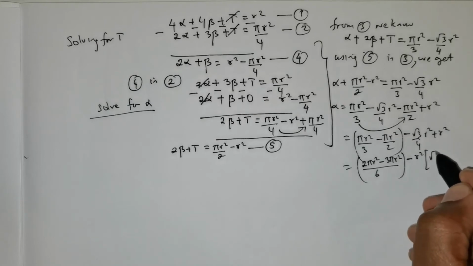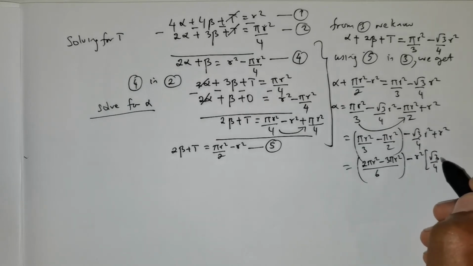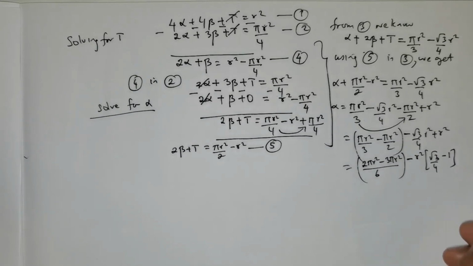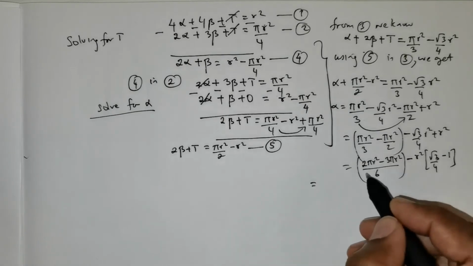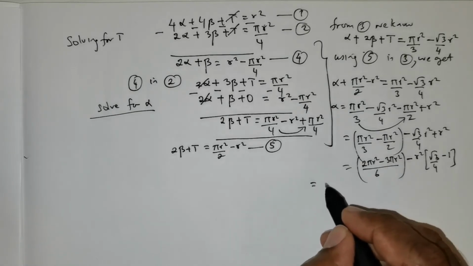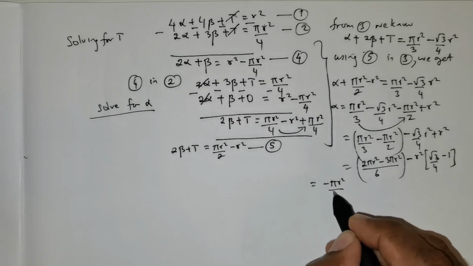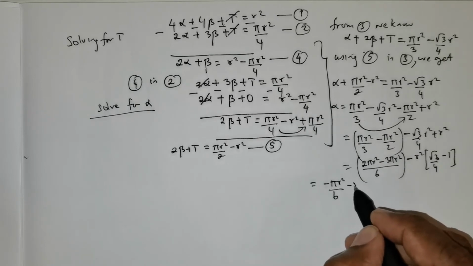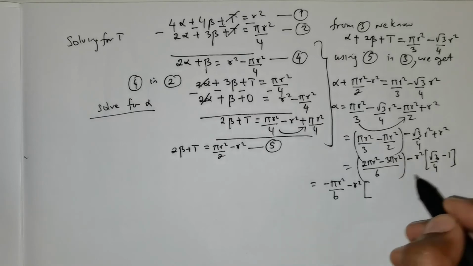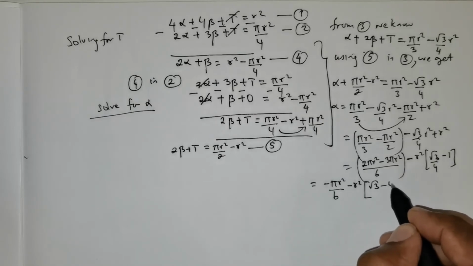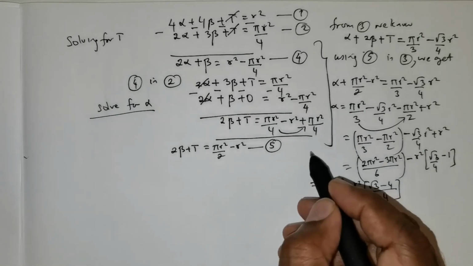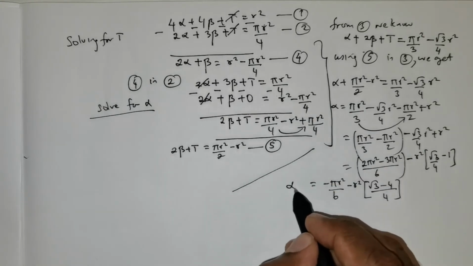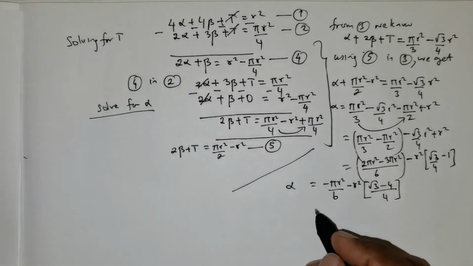And I can take the r squared out, and that would give me root 3 over 4. Since I've taken a negative sign out, this will be negative 1. So this is equal to 2 pi r squared minus 3 pi r squared, which gives negative pi r squared over 6. This is going to be negative r squared of root 3 minus 4 divided by 4. And of course on the left we've got alpha.